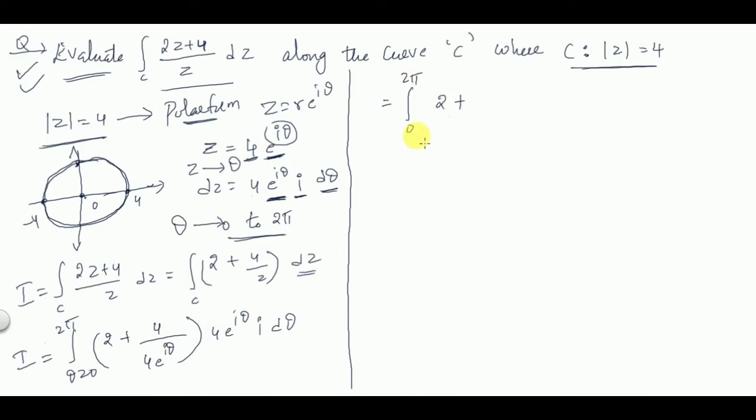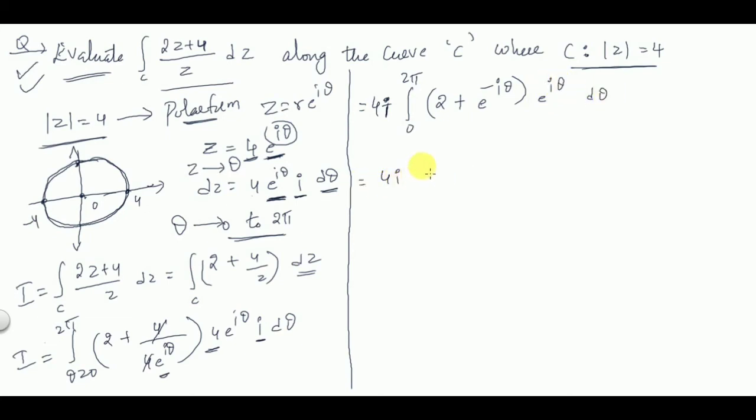The 4 and 4 get cancelled, so this becomes e^(-iθ). This e^(iθ), if you shift it to the numerator, becomes e^(-iθ). The 4i is a constant, so you can write it outside the integral.